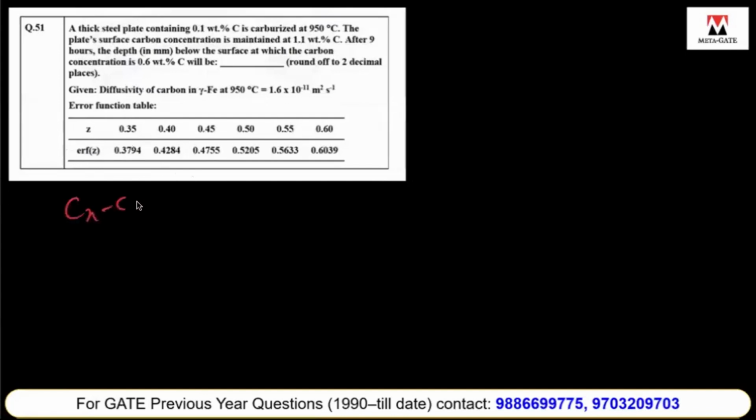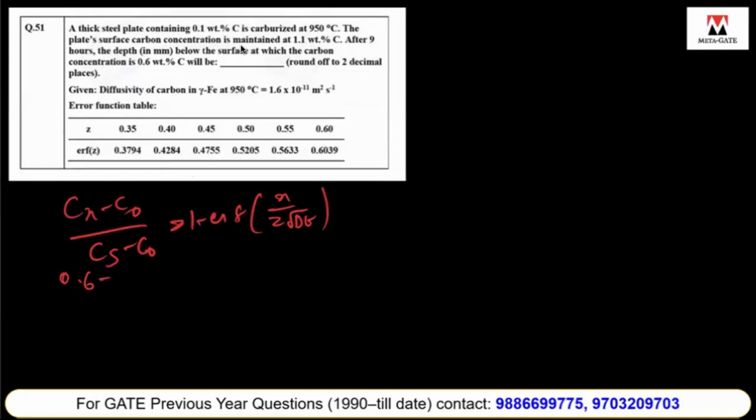So we know Cx minus C naught by Cs minus C naught is equal to 1 minus ERF x by 2 root Dt. Cx, the concentration at the depth, is given as 0.6. The surface concentration is maintained as 1.1 and initial concentration is 0.1.